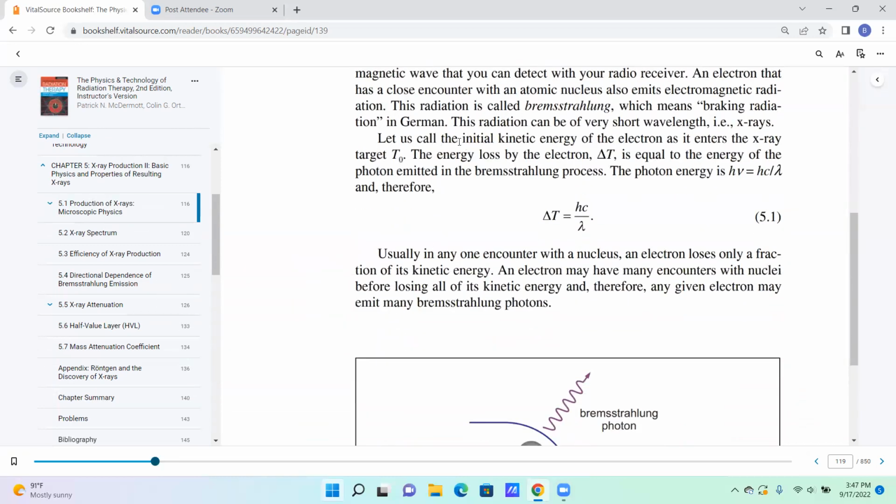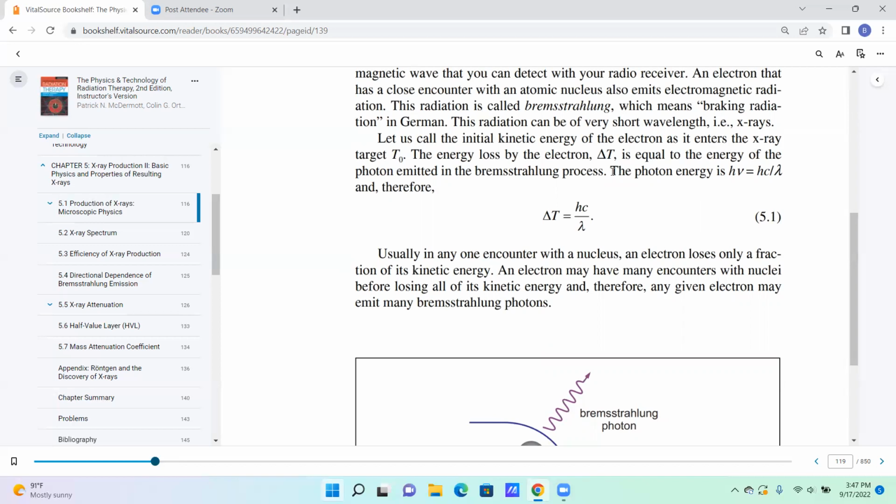Now, the initial kinetic energy of the electron as it enters the target, in other words, it's released from the cathode, goes over, and is about to hit the target there at the anode, the initial amount of energy that it's got is T sub naught. The energy lost by the electron is going to be delta T. It may just lose part of it. It could lose all of it.